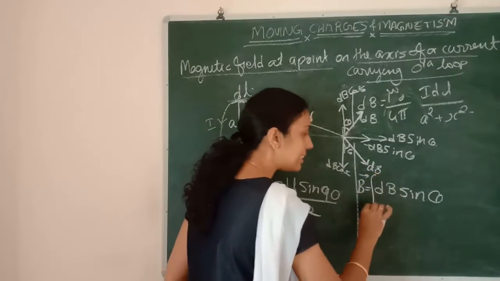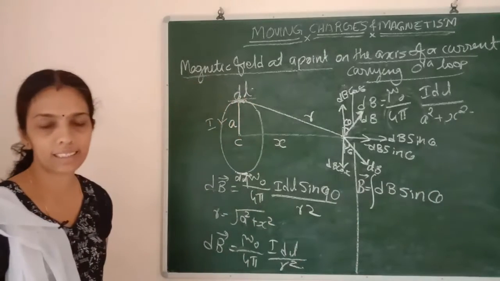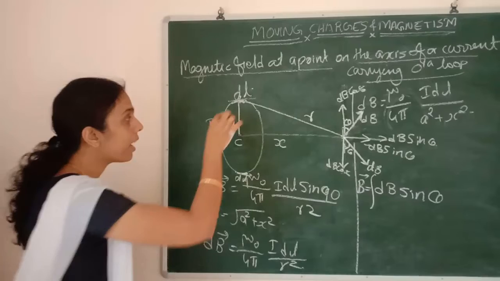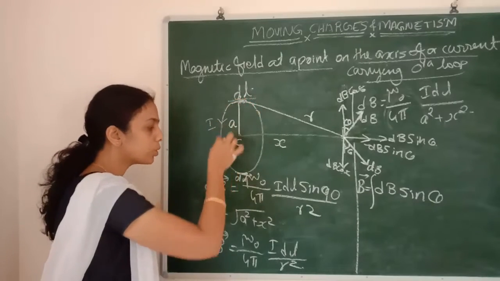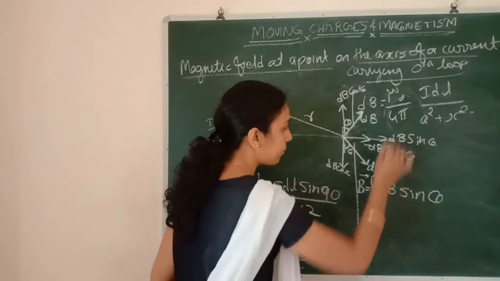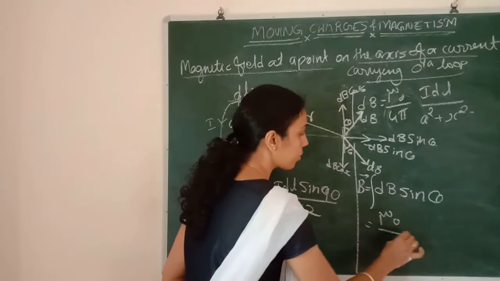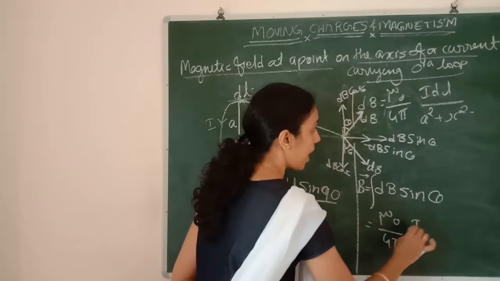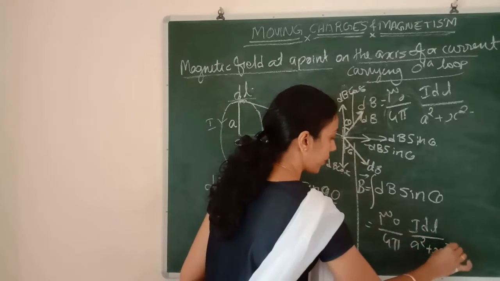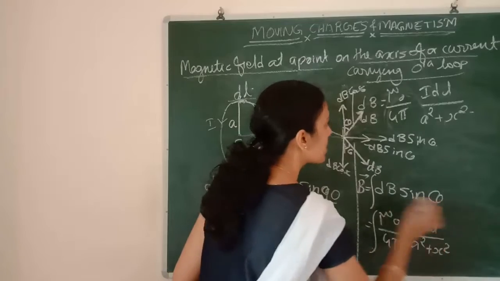We can integrate dB sin theta, integral of dB sin theta. This is only for half. So we are going to consider half of the portion. Instead of dB, what can we substitute? Mu 0 by 4 pi into I dl divided by a square plus x square, into sin theta.